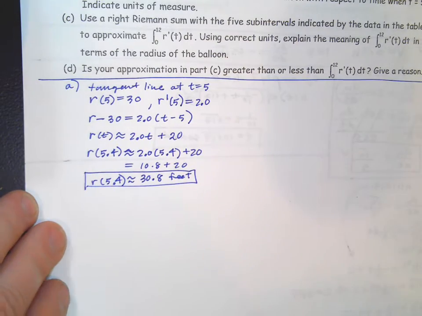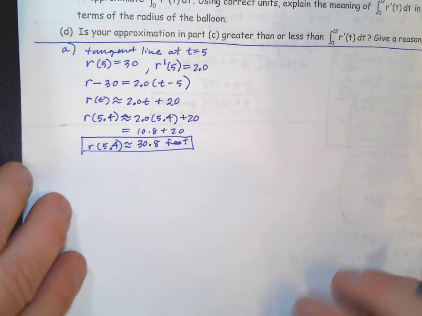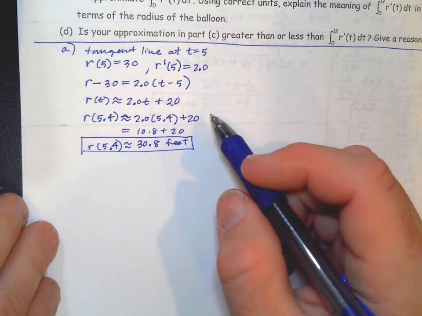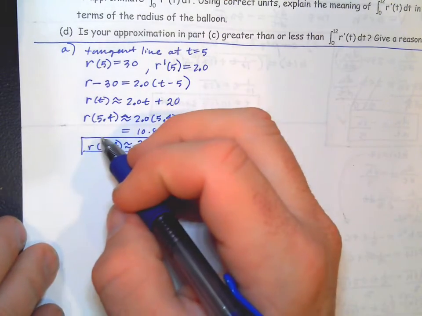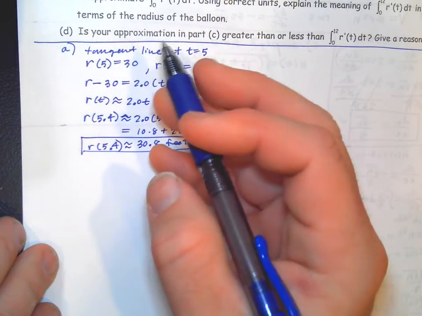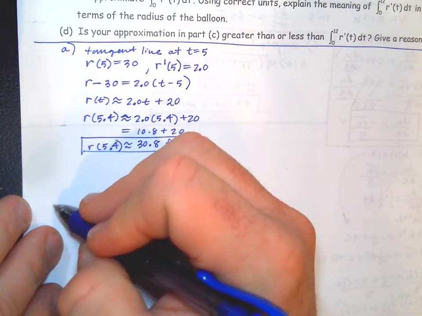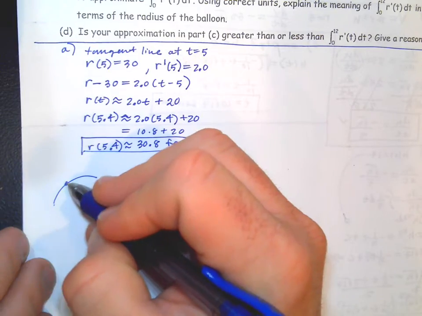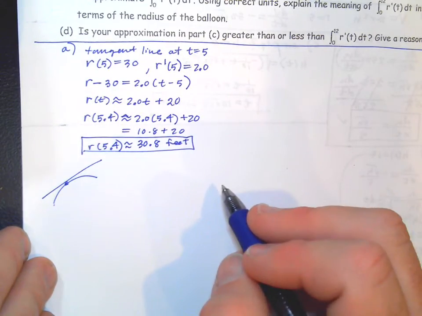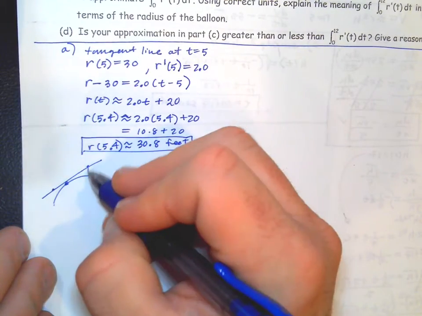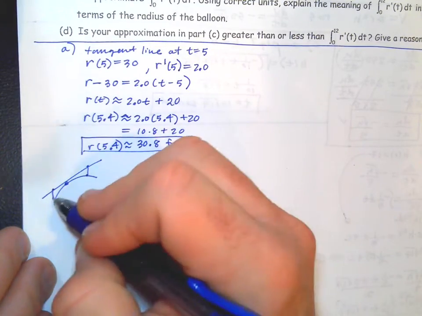Now, is it an overestimate or an underestimate? So tangent line approximations are all about concavity. And I wouldn't memorize it. Well, I'd remember that maybe it's related to concavity and just do a rough sketch. It told you that the whole time the graph is concave down. So any tangent line on a concave down curve is going to be an overestimate, above the actual values.